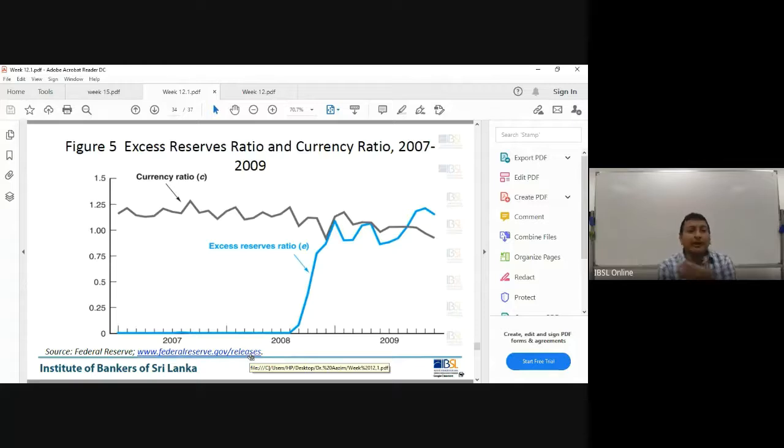So there's some reduction in the currency ratio, particularly in advanced economies. But the behavior would be slightly different in emerging and frontier market economies, the developing world. The currency ratios would have slightly increased, not in major emerging economies, but generally across developing economies.